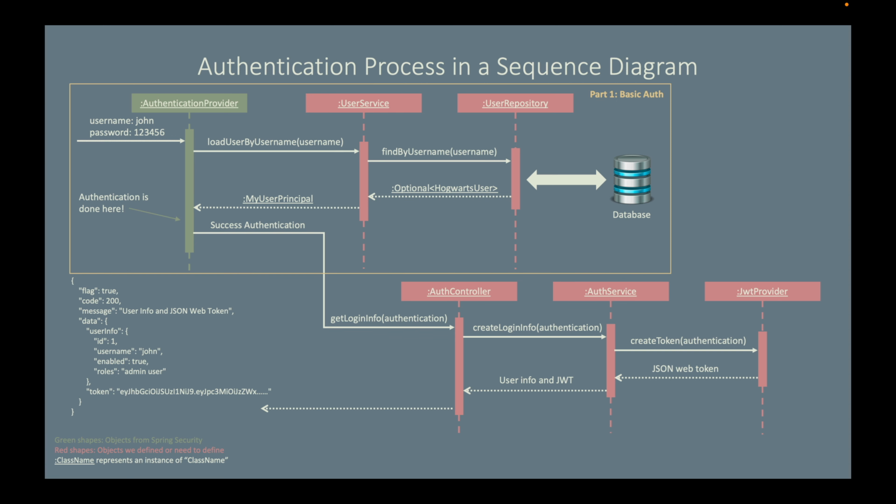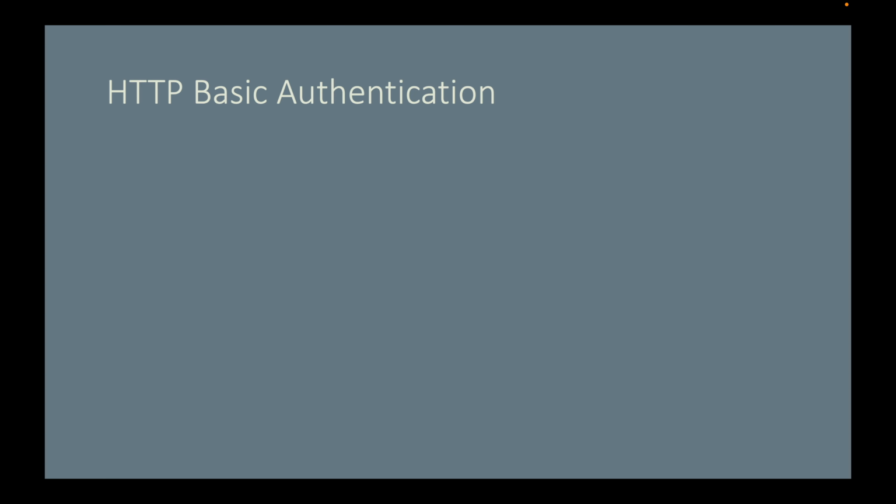So what is this HTTP basic authentication? Let's briefly talk about it. HTTP basic authentication is a client authentication method built into the HTTP protocol that allows a client to provide a username and password to the server when accessing secure resources over HTTP.